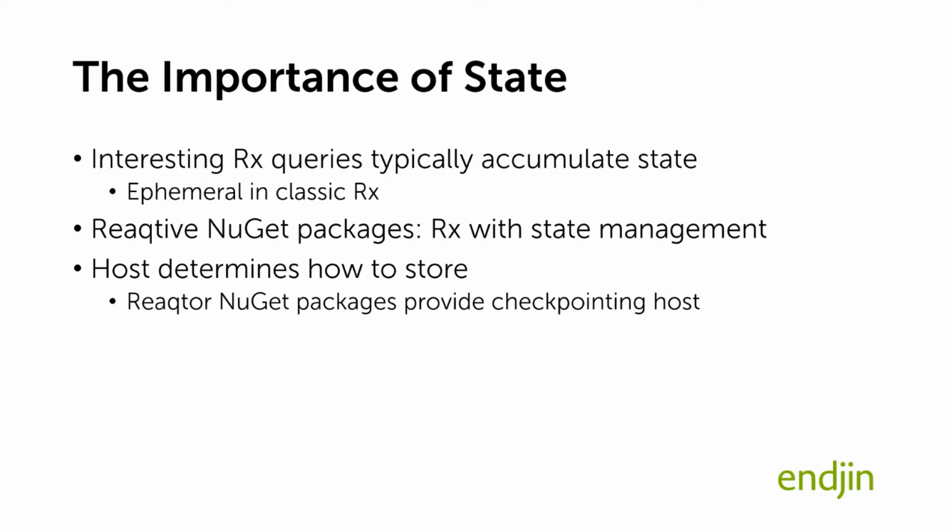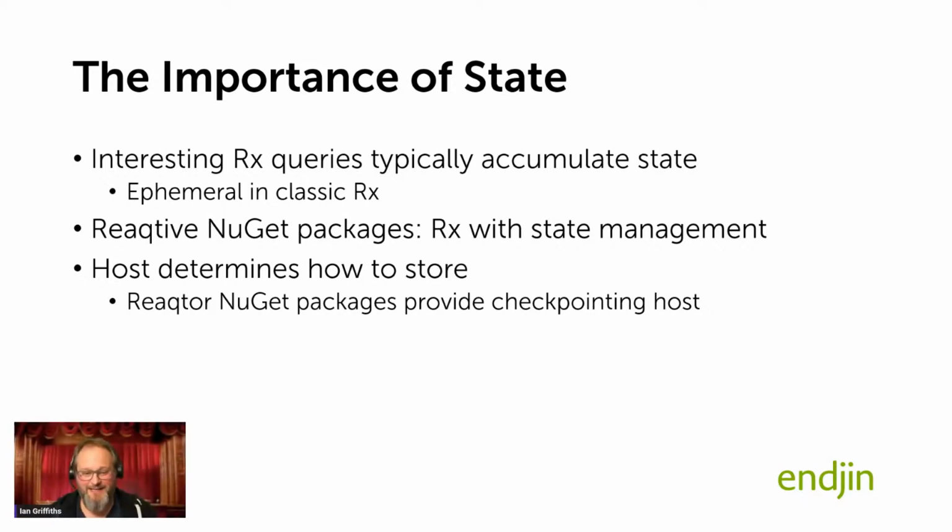It's inside the operators and there's no way of getting it out. So when the process that's hosting these things exits, all that state is lost, like tears in rain. So there's no way of actually freezing the state of some complicated Rx query and serializing it and then reconstituting that later on. And this is one of the things that the Reactor codebase solves.